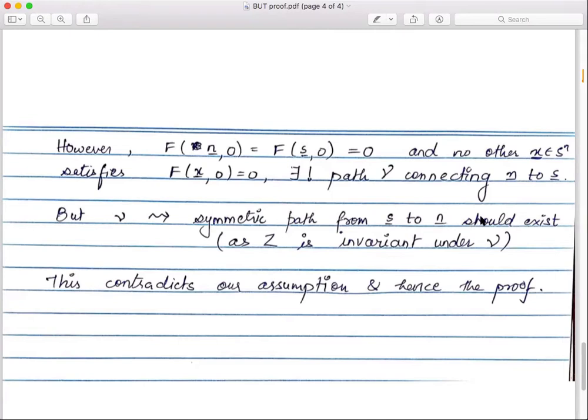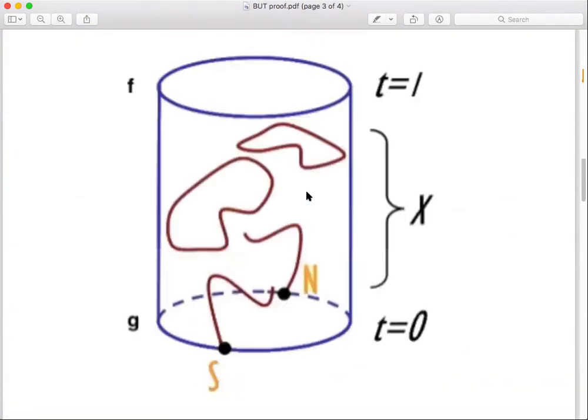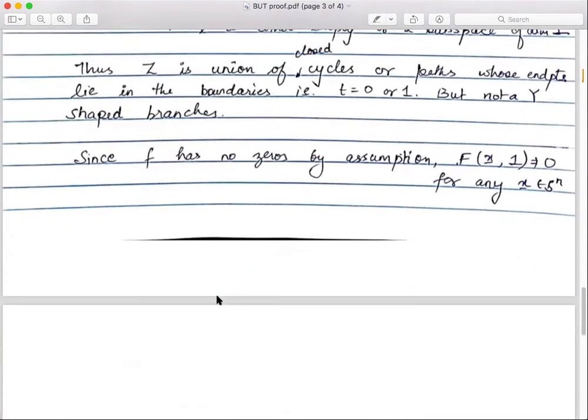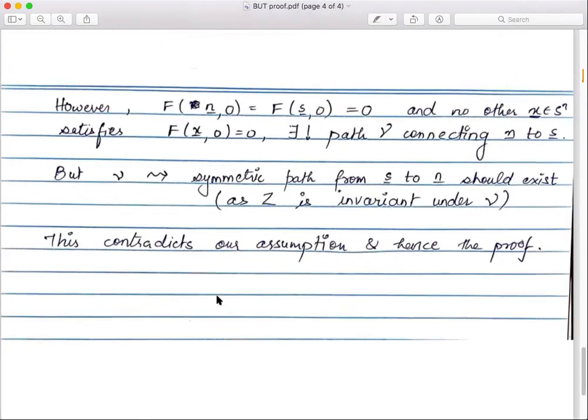And that does not exist, because if you start with a point from here and start moving, and you symmetrically start moving from this point, there is no way you can meet and come back to it such that the symmetricity is followed. And this gives me a contradiction, and hence the continuous antipodal map F should have a 0.